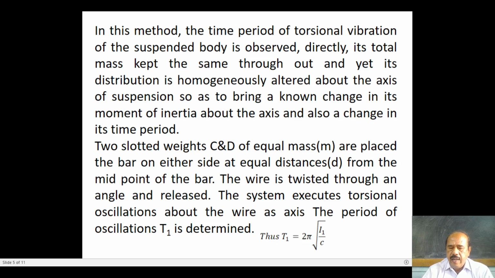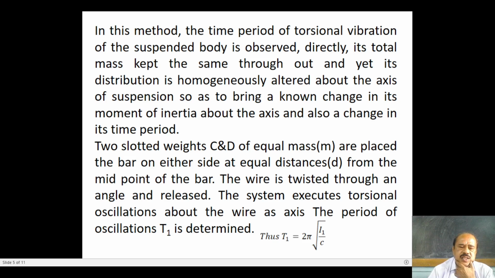In order to conduct this experiment, two slotted weights C and D of equal mass, represented by small m, are placed on the bar on either side at equal distance. That distance is represented as small d from the midpoint of the bar. This is how you are supposed to conduct the experiment.